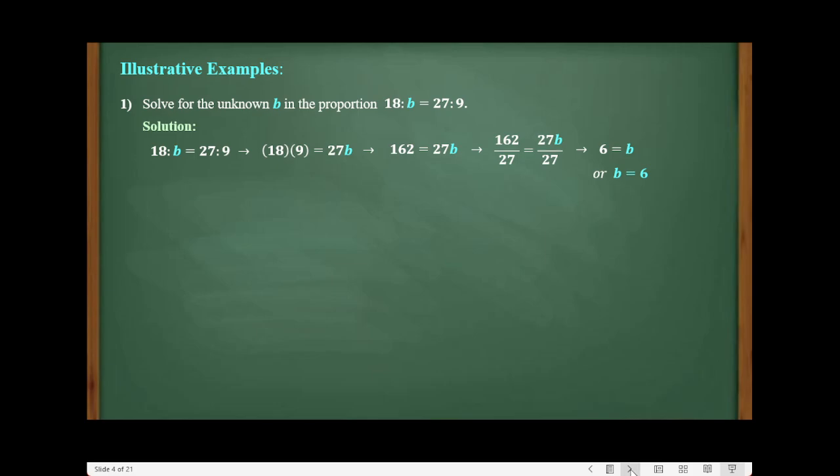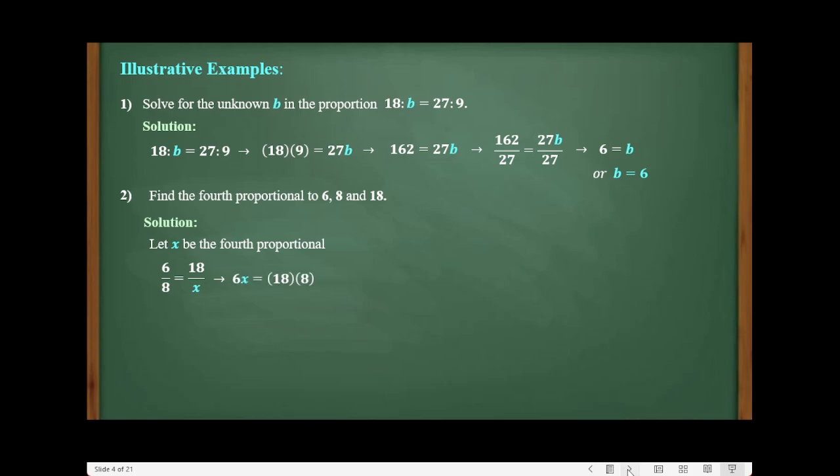Okay, next. Number 2, find the fourth proportion to 6, 8, and 18. So for our solution, for the unknown fourth term, let us denote that as X. And we set up the proportionality, so that is 6 over 8 equals 18 over X. And we do the cross product method. 6x is equal to 18 times 8.